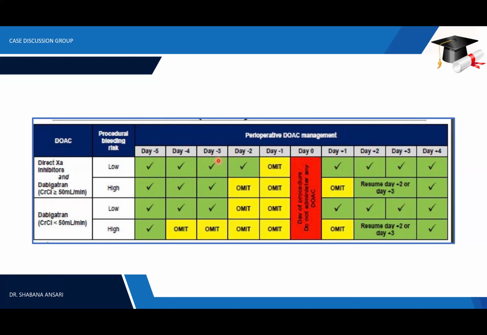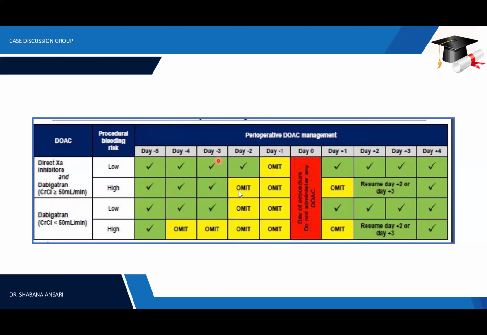So this chart is for dabigatran, which is a direct factor Xa inhibitor. So we determine whether the risk of bleeding is high or low. Our surgery is abdominal surgery, so the risk is high. So we will see the column of high.